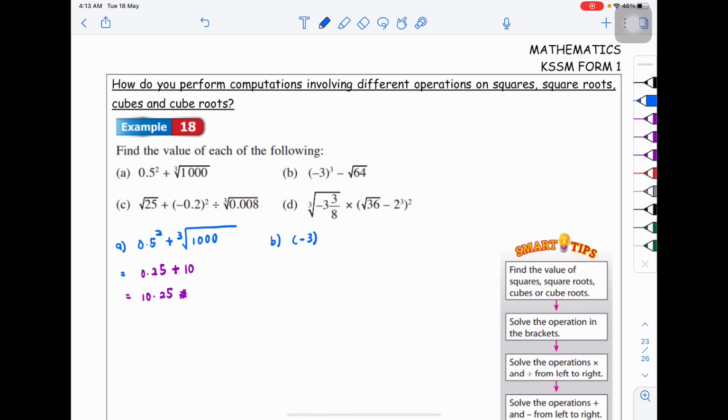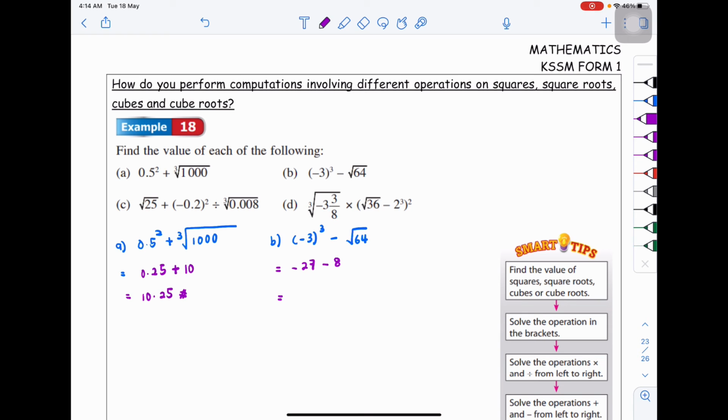We have negative 3 cube minus square root 64. Negative 3 to the power of 3 will give us negative 27. And then minus square root 64, which is 8. So we have negative 27 and negative 8.